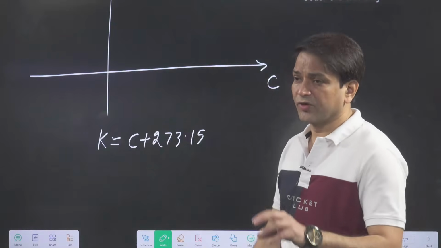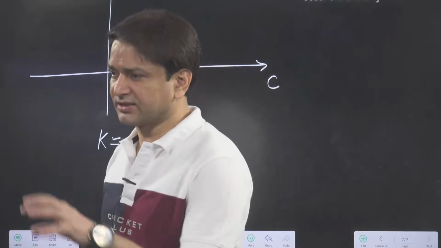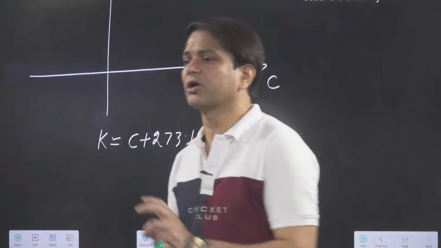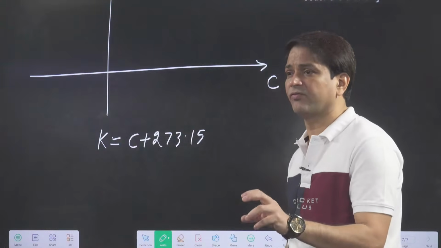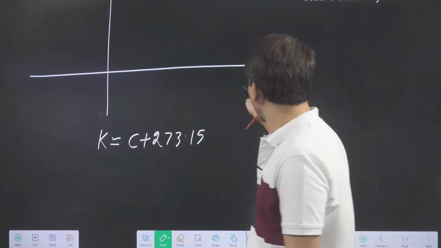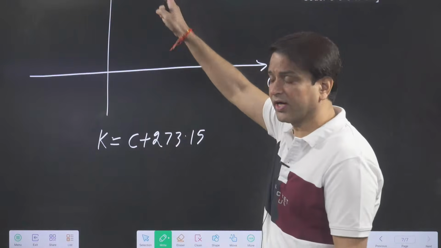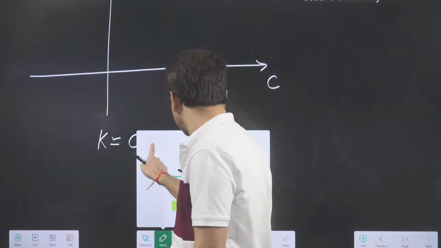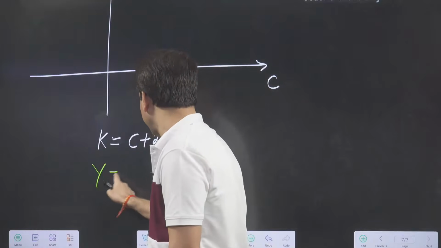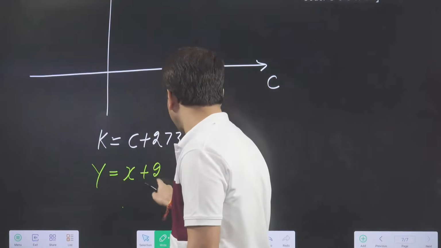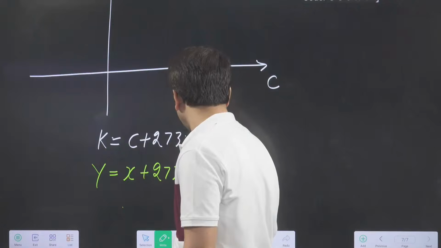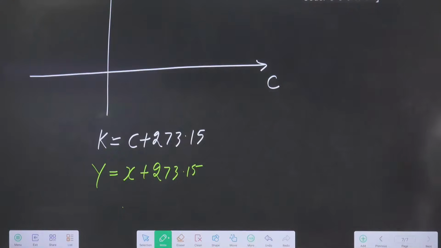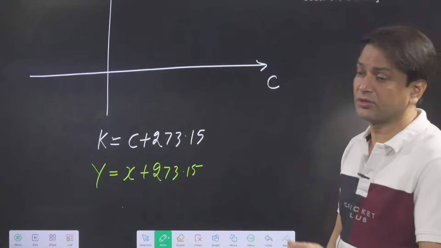Which quantity we are plotting on the y-axis, that we will replace with y. Which quantity we are plotting on the x-axis, that we will replace with x. So I am plotting C on the x-axis, K on the y-axis. So K I will replace with y, C I will replace with x. So y is equal to x plus 273.15. This is the relation I am getting.